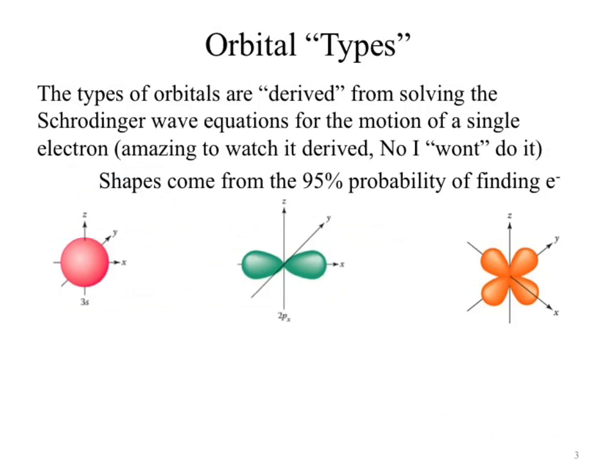Someone was able to propagate all of the mathematics behind how electrons move and exist, and somehow, in the process of doing all of that mathematics, generated probability diagrams. Those pictures, or diagrams, of where an electron might exist happen to give us shapes as shown here.